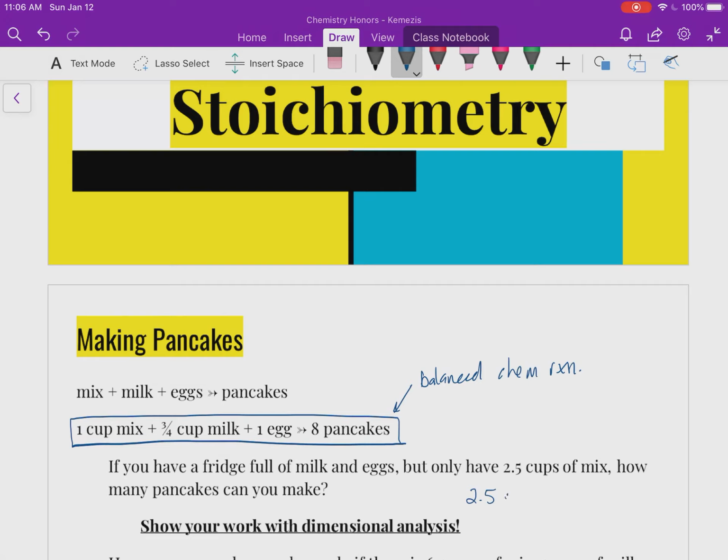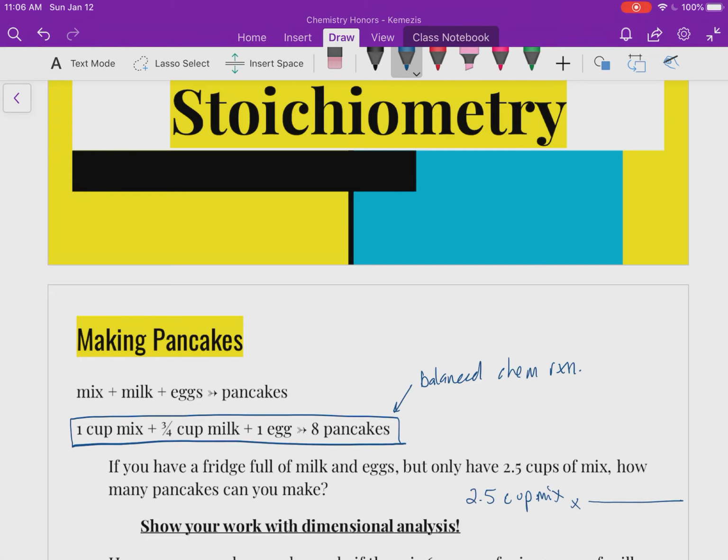Okay, so in general, right, we need to make sure that we have enough of each ingredient. So in this case, we know that we have essentially unlimited milk and eggs, right? We have excess amount of these. It's the cups of mix that is really going to limit the amount of pancakes we can make. So if I have 2.5 cups of mix, remember dimensional analysis is starting with what you have and converting it to what you want.